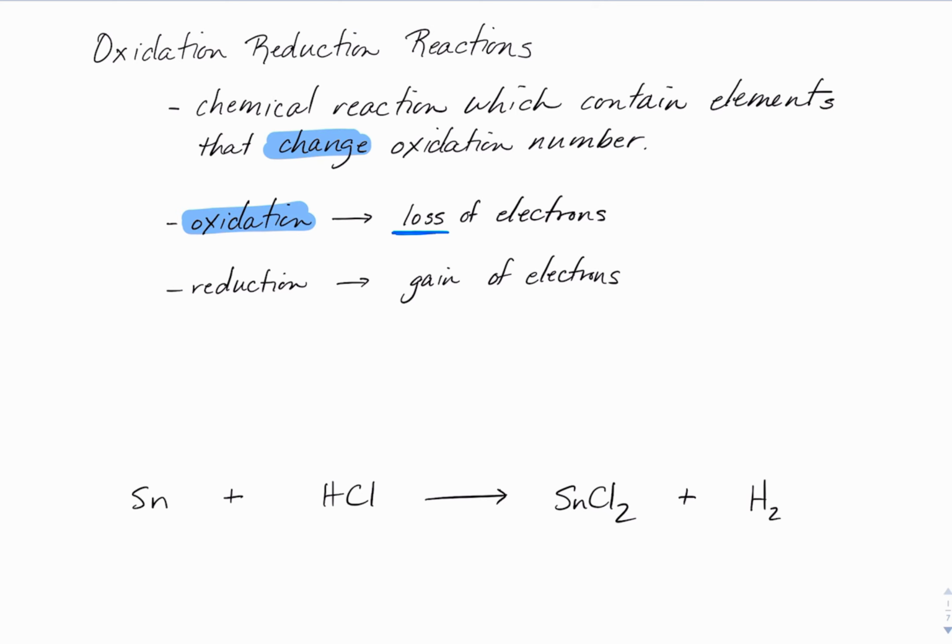This means that the overall oxidation number is going to be more positive. When something is going through reduction or is being reduced, then you're going to be gaining electrons throughout the chemical reaction. For oxidation number, this means you're going to be getting more negative.